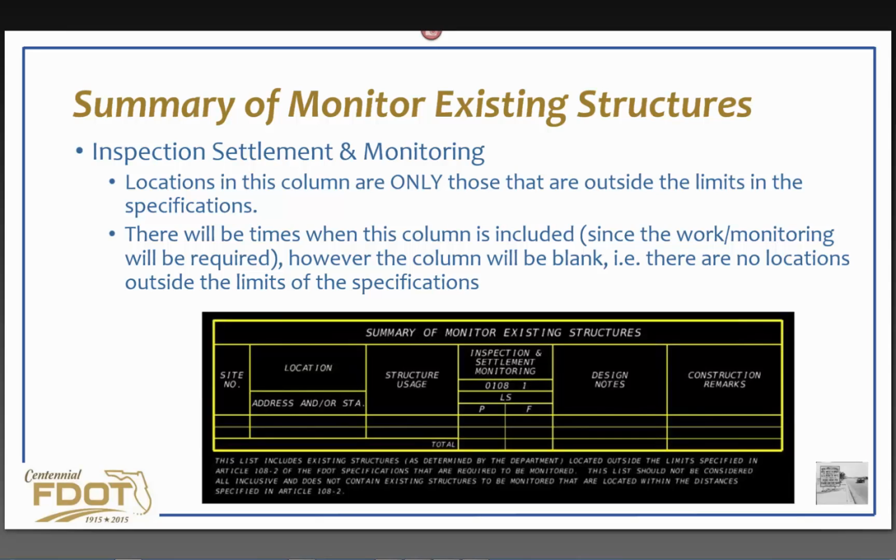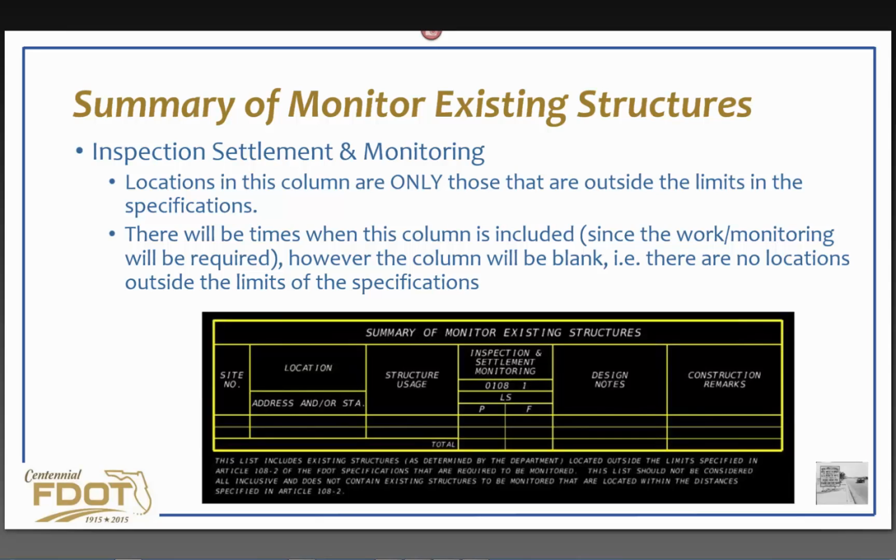So if there are locations within those limits, we're not identifying them. They're part of the spec and they're a part of this pay item, and the contractor is responsible for locating them as well as the work. We just have to have a pretty good idea, yeah, we're going to need this.